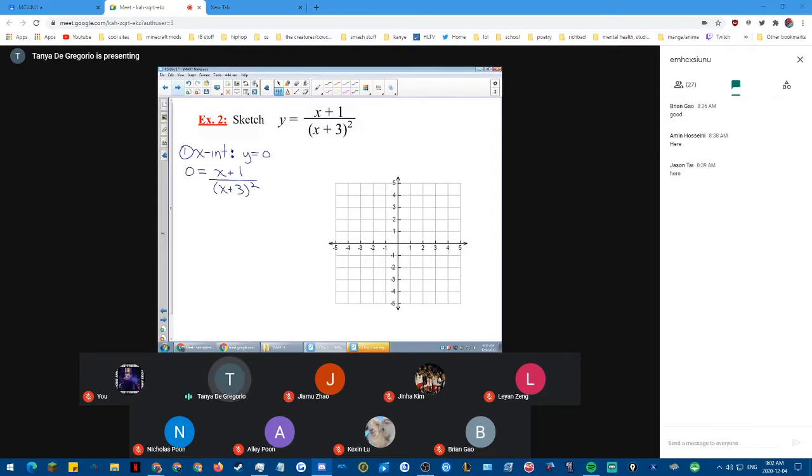You only have to worry about the numerator here because the denominator, as long as it's a number, doesn't matter. 0 divided by a number is 0. So yes, you can see that x equals -1. So from here, we're seeing the point (-1, 0). And then we're going to find the y-intercept. Let x equal 0, and I get 1 over 9.